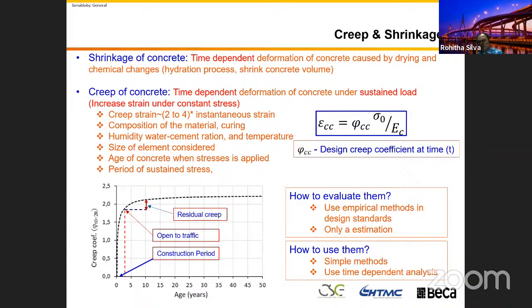For some exposure environments, like exposure environment B2, let's say if you build a bridge in the Colombo area, because it's close to the sea. The close-to-the-sea environment in Australia we classify as a B2 exposure environment. In those types of bridges, we have to cure at least 14 days.